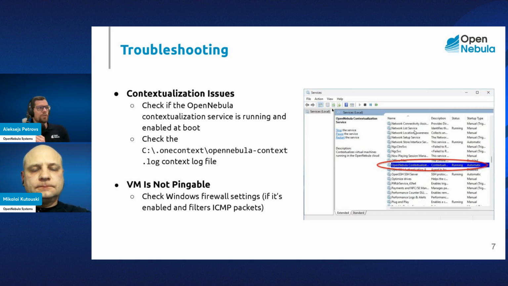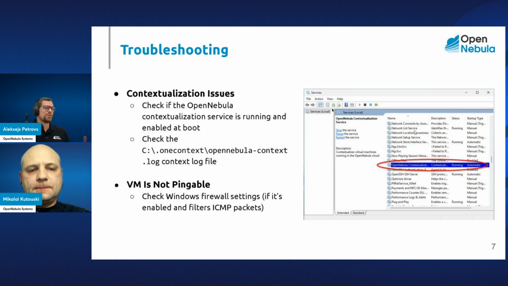Cool. Thank you, Mikolai. Actually, I would like to add another thing about networking. As you know, OpenNebula has security groups, which are part of networking, and that is another layer where ICMP, or let's say the RDP protocol, can get blocked even before reaching your virtual machine, so it's blocked by the host, basically.